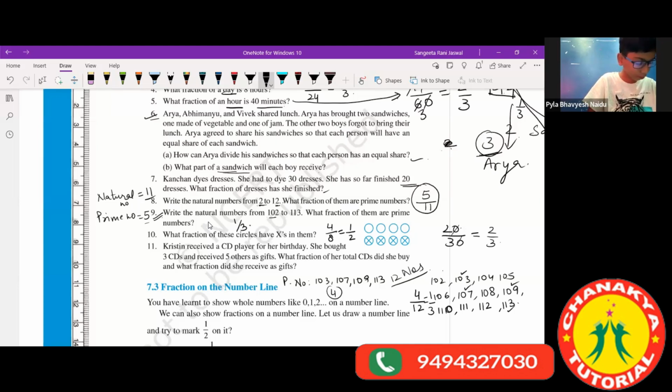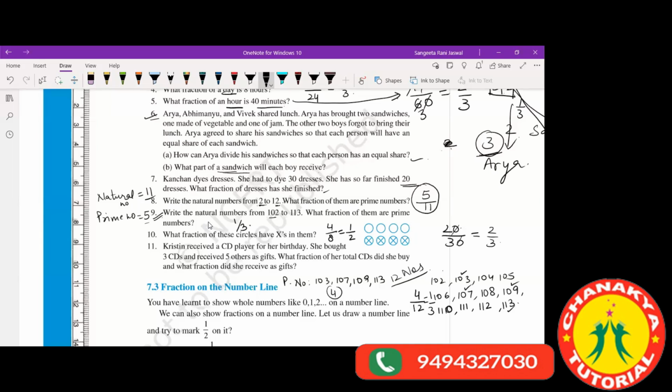What fraction of her total CDs did she buy, and what fraction did she receive as gifts? So she bought 3 CDs herself and 5 others as gift. These are bought CDs and these are gifted CDs.